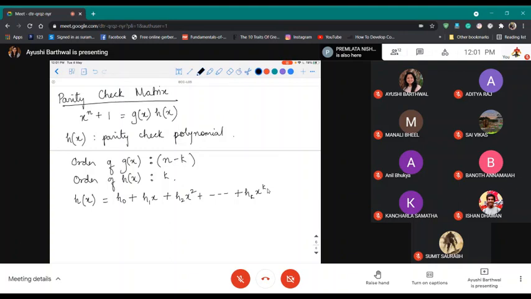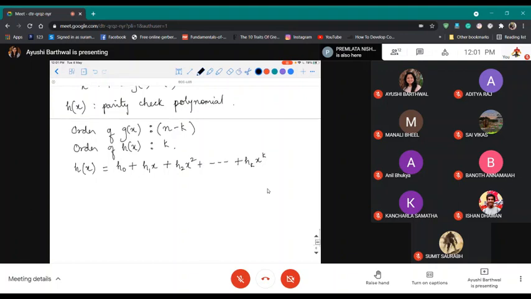So this is the parity check polynomial, and the order of the parity check matrix is that its number of rows is equal to the number of redundant bits or parity bits, and the number of columns is equal to the code word length, that is n. When you write the parity check matrix, keep in mind that again you will be using the same thing. You will be replacing rows by the coefficients, but the first element.